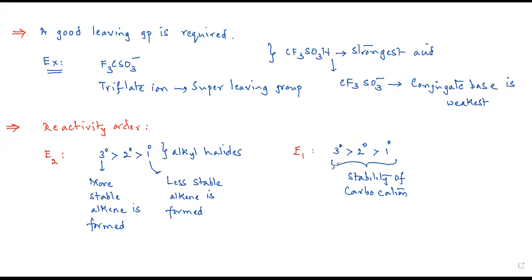Now, we have seen almost all the E2 reactions, and said the Zaitsev product is the major one.